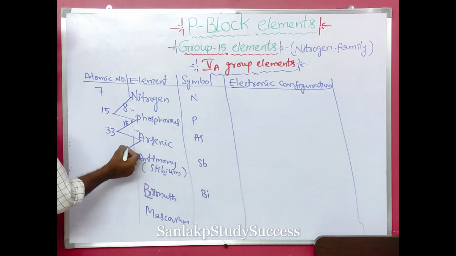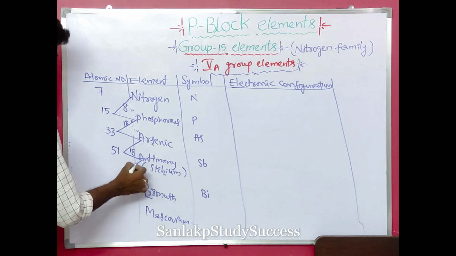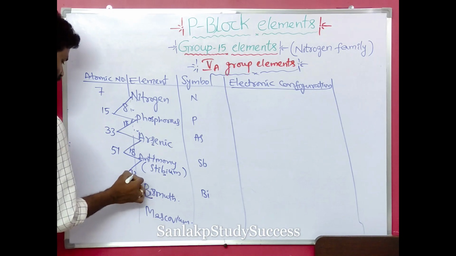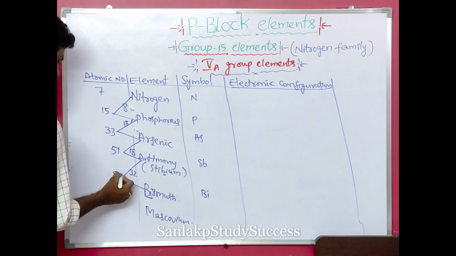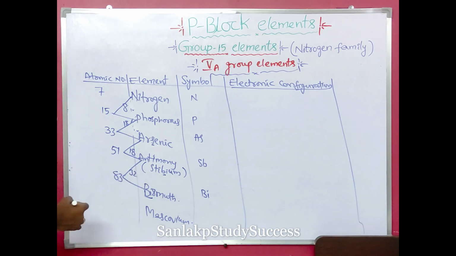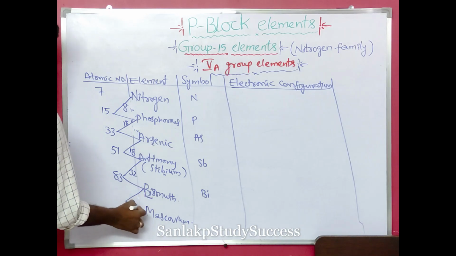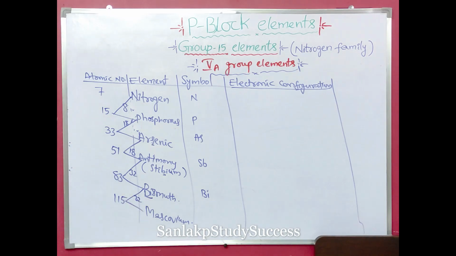So 33 plus 18, 51. Similarly, the sixth period contains 32 elements. So 51 plus 32, 83. Later adding 32 elements, its atomic number is 115. These are the atomic numbers.